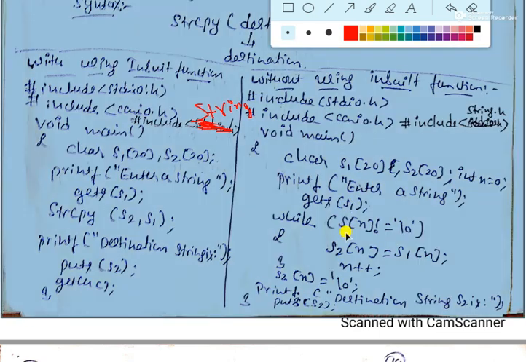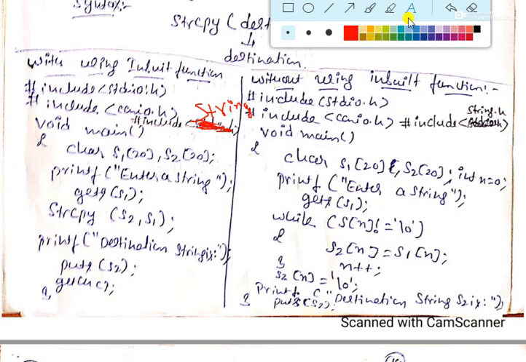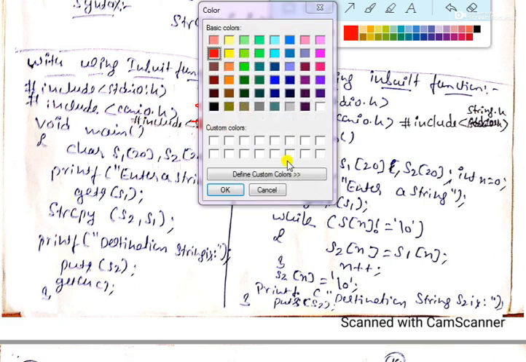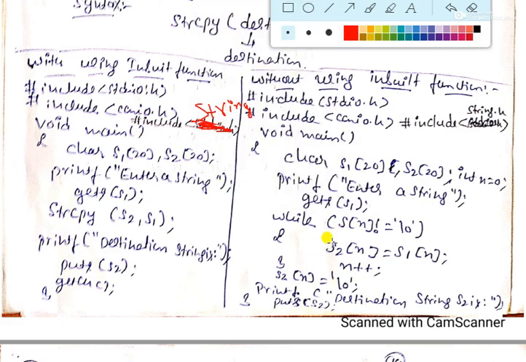This one is s1. Change it in your notes also. So while s1 of n is not equal to null, then s1 of n.